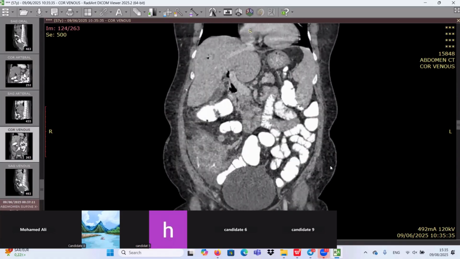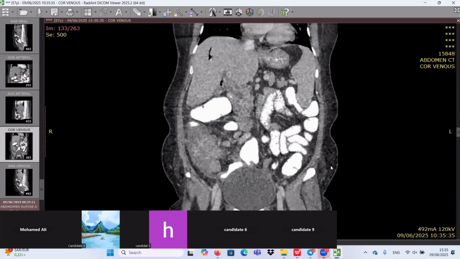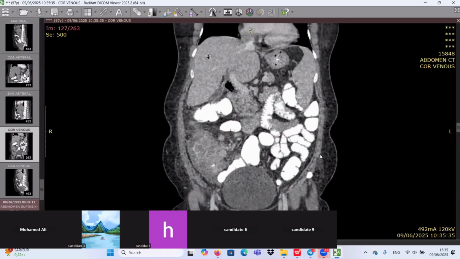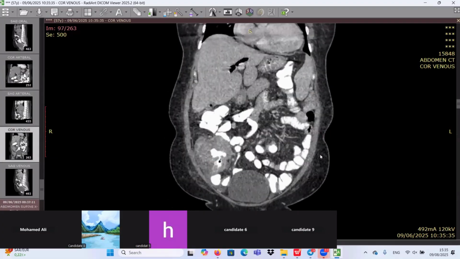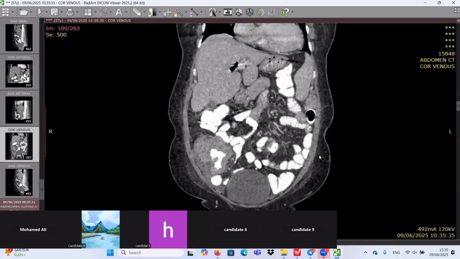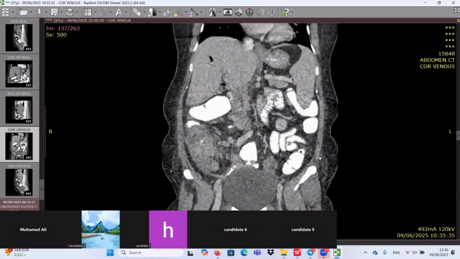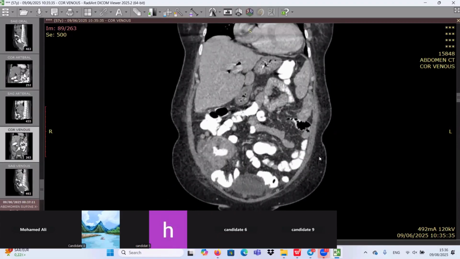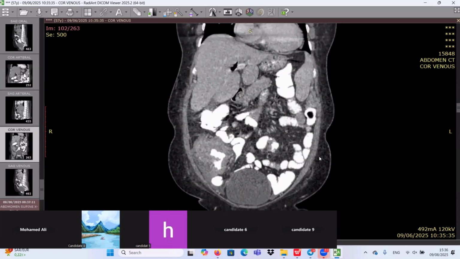Also, we don't have any raised inflammatory markers, and we have multiple pericolic, paracolic and mesenteric enlarged lymph nodes. So I think neoplastic is more likely than non-neoplastic. As you said, lymphoma is one of our differential diagnoses because we don't have any bowel obstruction, and colon carcinoma is also one of the differential diagnoses.